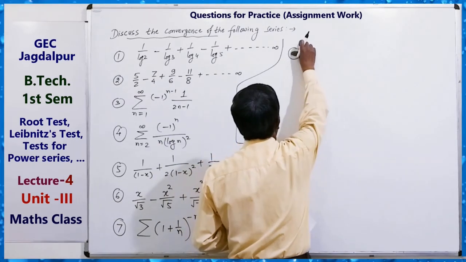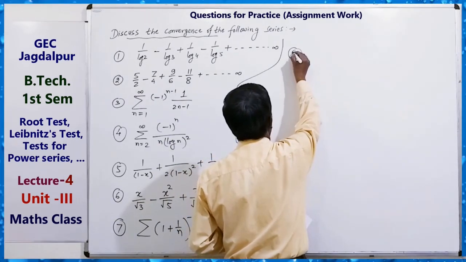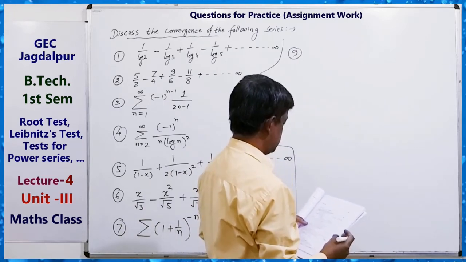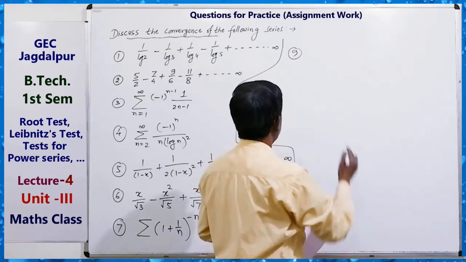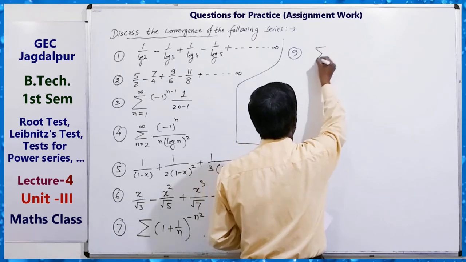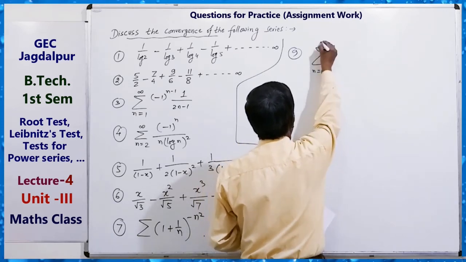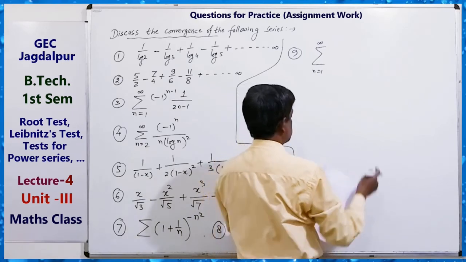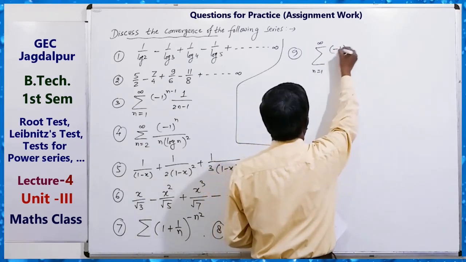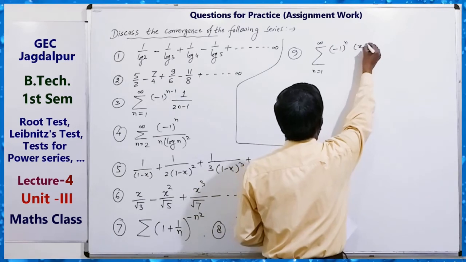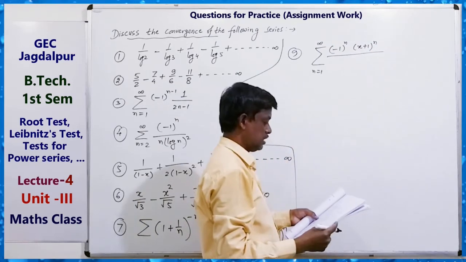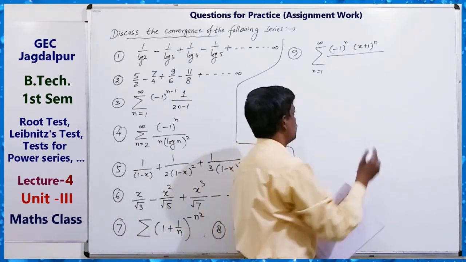Nine. Sum of n equals 1 to infinity, minus 1 to the power n, x plus 1 to the power n upon 2 to the power n n square.